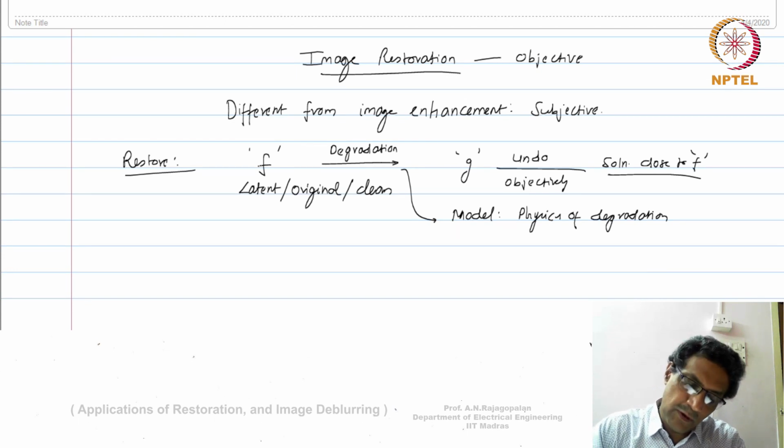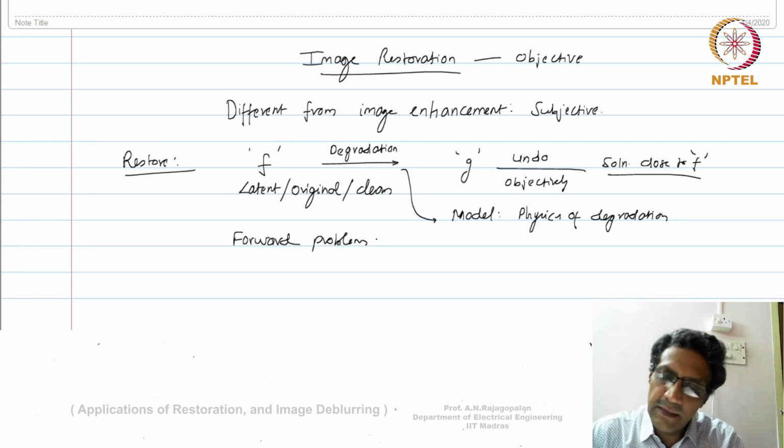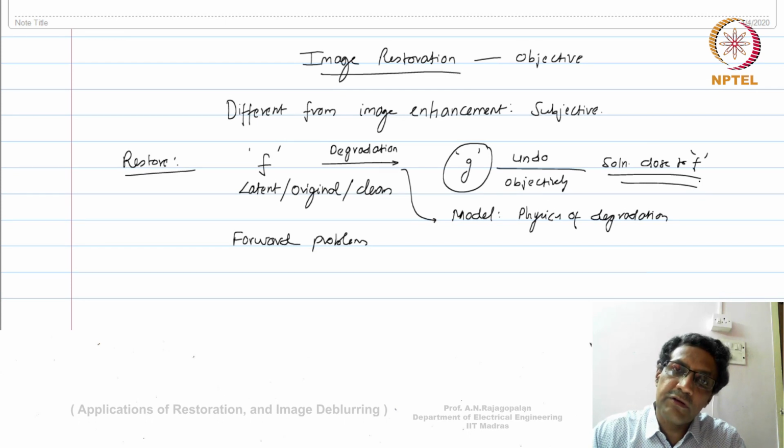Now the process by which F gets converted through some degradation into G is called the forward problem. And the process by which you take this observation G, which is a degraded observation, and pass it through some kind of processing that will undo this degradation in order to give you back your solution, the original image, is called the inverse problem.